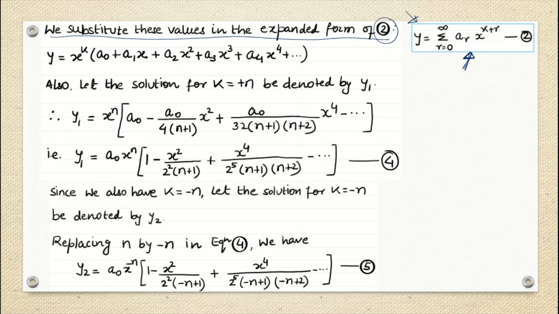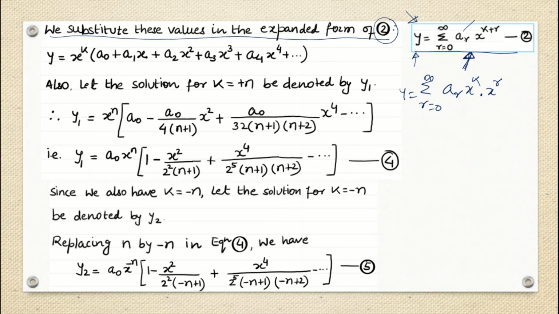Okay, so why am I going to expand it? Because now I come to know the values of A0, A1, A2, A3, A4 and so on. So it will be easier to get the exact value of y, correct? So for that, I'm just expanding it. If I'm expanding by putting the value of r, this is nothing but a_r x to the power k into x to the power r, summation r equals 0 to infinity.